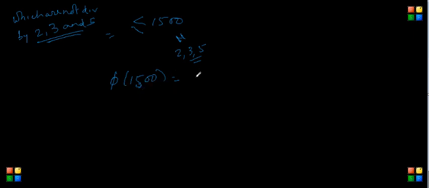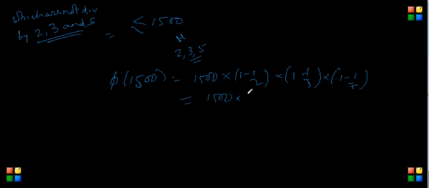And what's that? 1500 into 1 minus 1 by 2 into 1 minus 1 by 3 into 1 minus 1 by 5. So this is nothing but 1500 into half into 2 by 3 into 4 by 5. So this is cancelled out. 100. This is 400. So there are 400 numbers less than equal to 1500 which are not divisible by 2, 3 and 5, right?